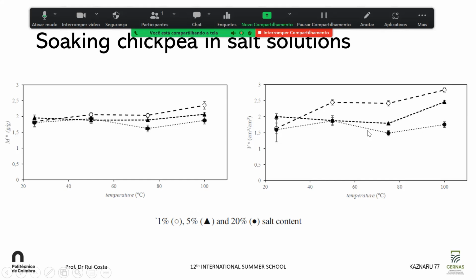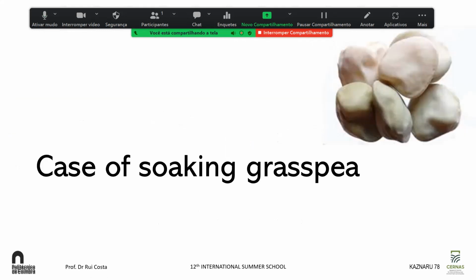So soaking in 1% salt results in chickpea with a higher volume than soaking in water, which is good for process gains, for example. We can have a heavier product in the end and sell more mass than if we have a lighter product.